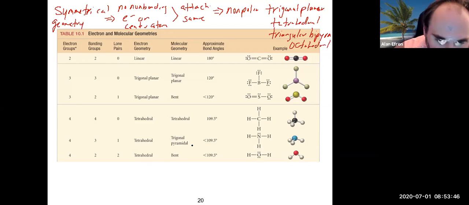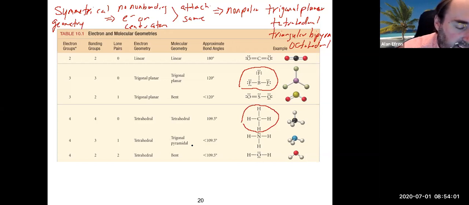Again, if you draw all these, we'll take a look at this. Here we can see that's our trigonal planar. This is our tetrahedral, right? What they all share in common is there are no non-bonding electrons on them, and it typically will lead to a non-polar molecule if everything attached is the same.